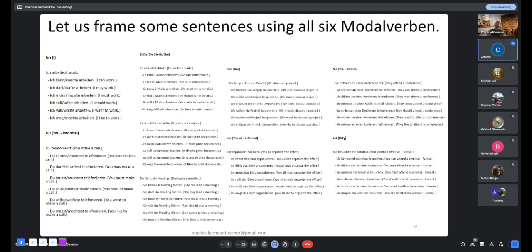Es druckt Dokumente. Es kann Dokumente drucken. Es darf Dokumente drucken. Es muss Dokumente drucken. Es soll Dokumente drucken. Es will Dokumente drucken. Es mag Dokumente drucken. Es konnte Dokumente drucken. Es durfte Dokumente drucken. Not "dürfte", just u, straightforward u.